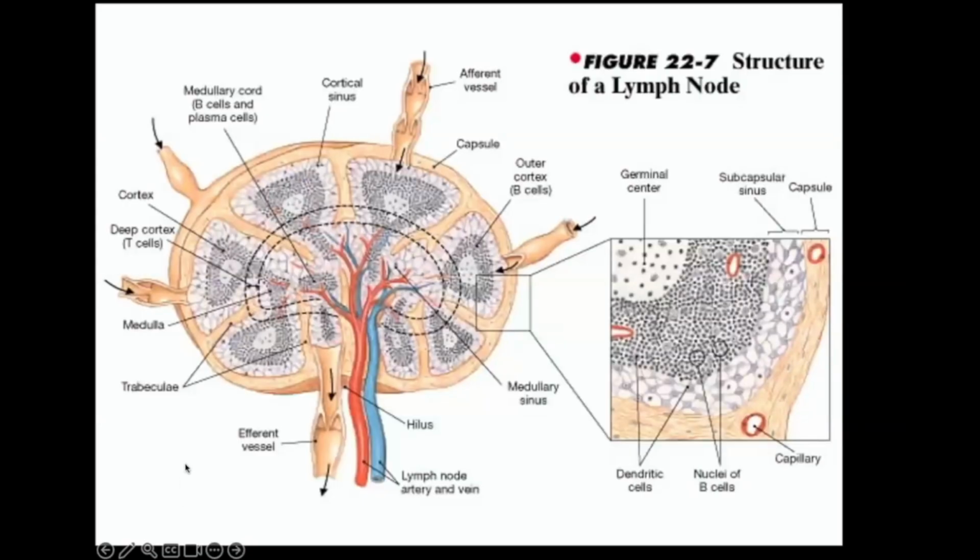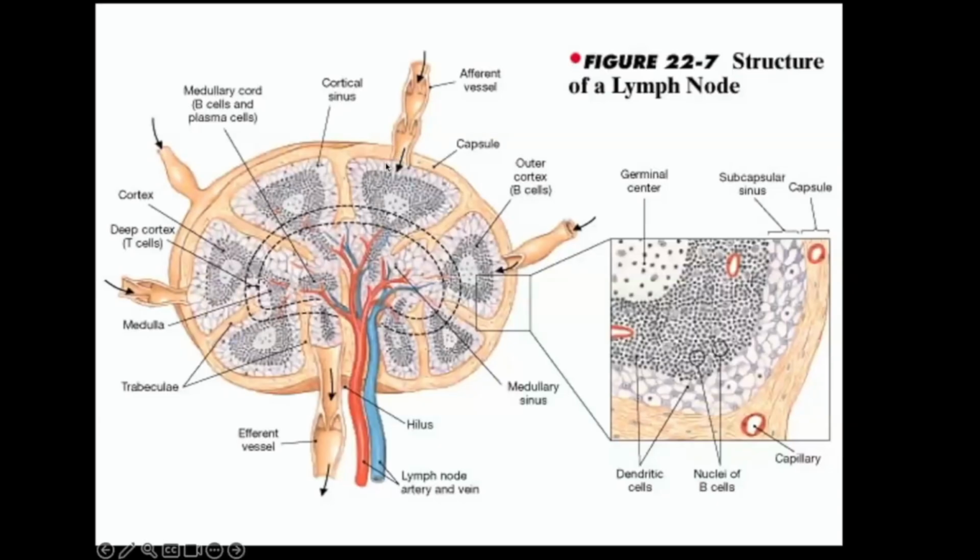So here's a diagram of a lymph node. Over here on the left, you see the afferent vessel up here at the top where my cursor is. Afferent means it's coming into, remember A before E. So you have a number of these lymph vessels coming into a lymph node. And in here you have some B cells and plasma cells, which are infection fighting.